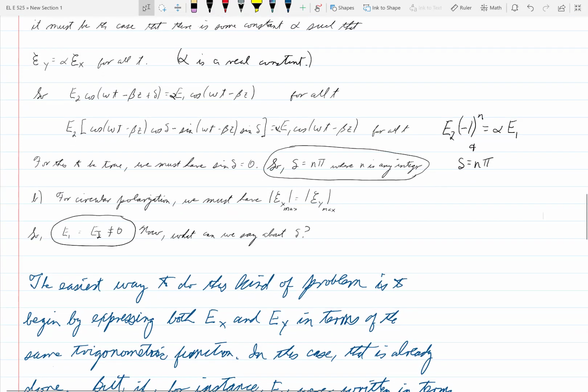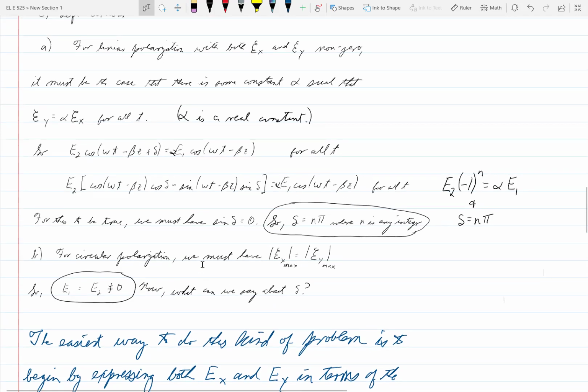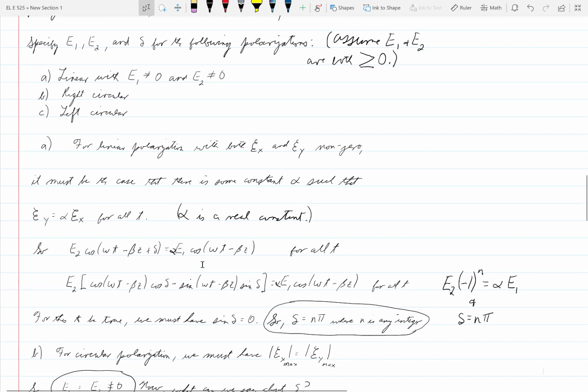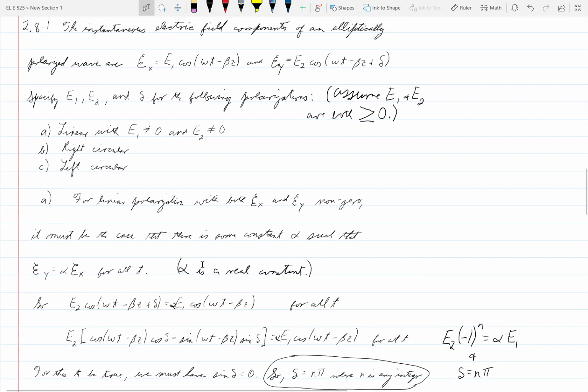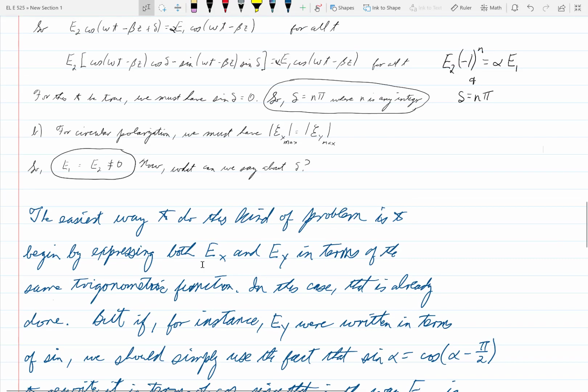So here we have E1 equals E2, and we don't want the case where the electric field is 0, so both of these are non-zero. And so now the question is, what can we say about delta in this case, where we want right circular polarization.